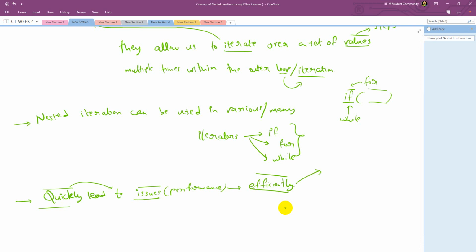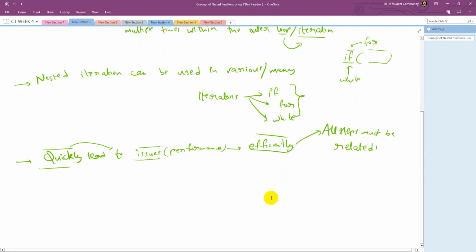Efficiently means all steps must be related. Related means here also it will be related, but I'm just telling you, I'll give you an example. Consider two algorithms or two pseudocodes where efficiently means all the lines will be interrelated.